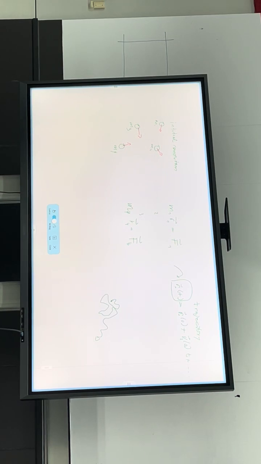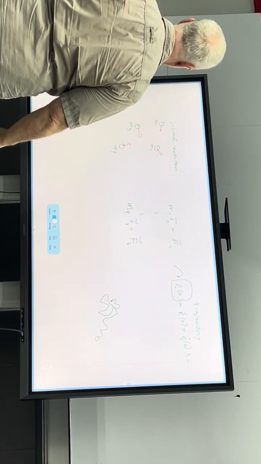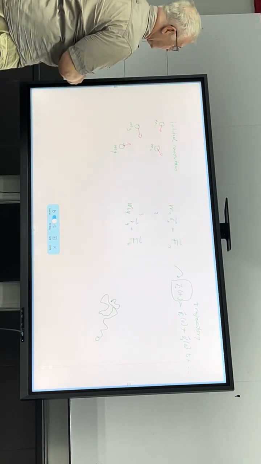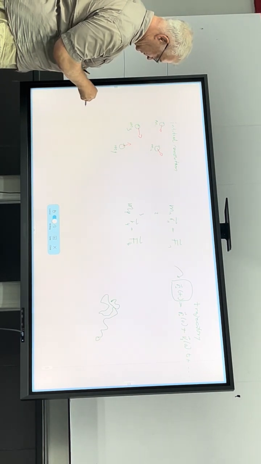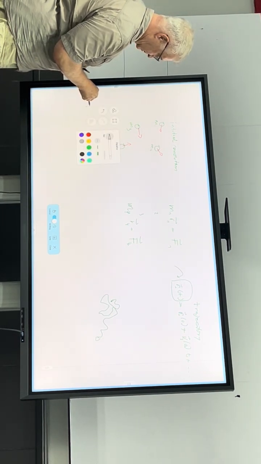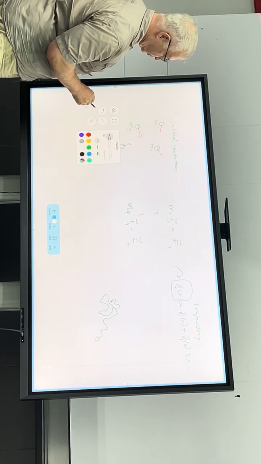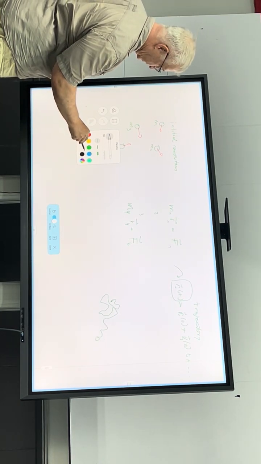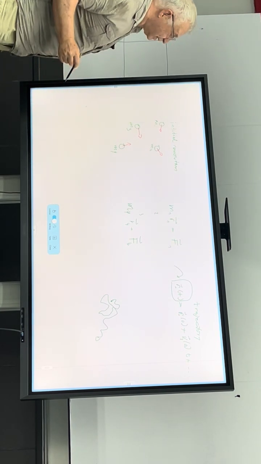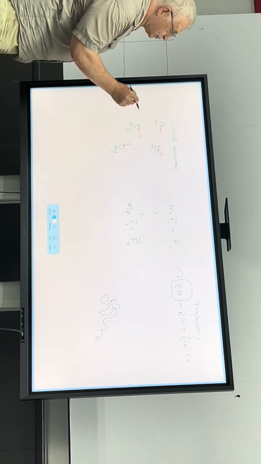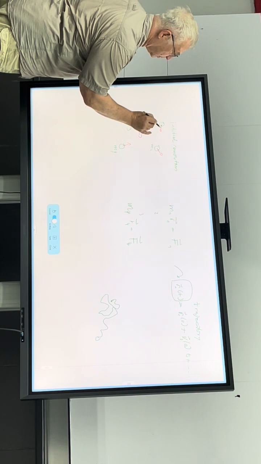So let's look again at particle 1. Let's say particle 1 interacts with particle 2, so there will be a force.